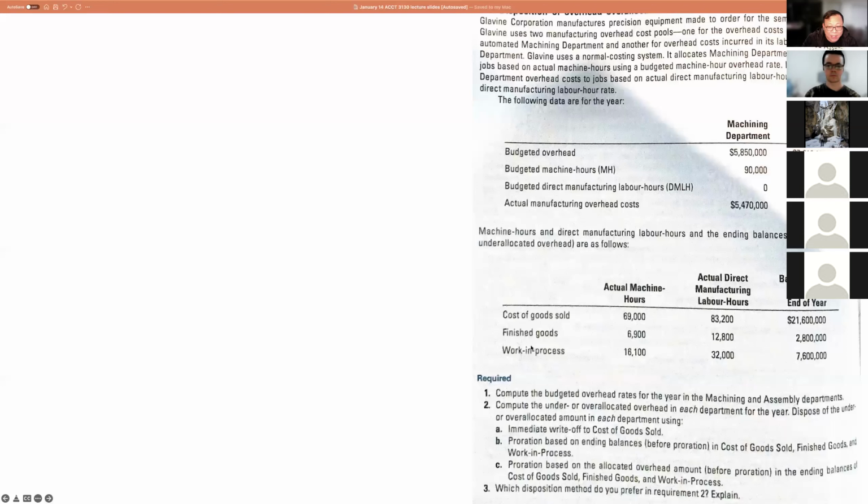Once the product is sold, the product cost is taken in the form of cost of goods sold on the income statement, right? And you have the information of the actual machine hours, the actual direct manufacturing labor hours, and also the balance before the proration.